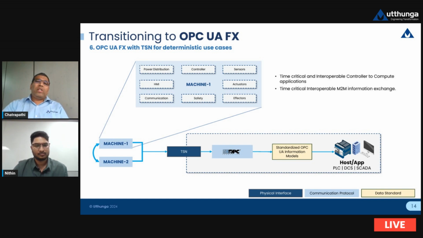This makes it much easier to start the adaptation journey and do a gradual adaptation step by step.